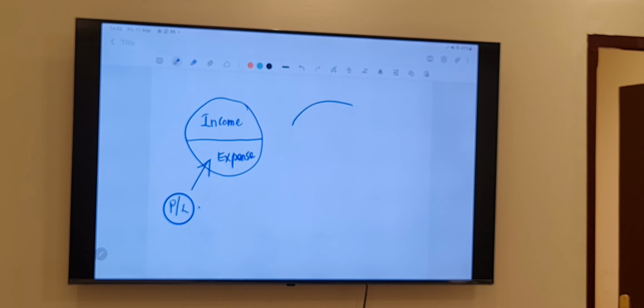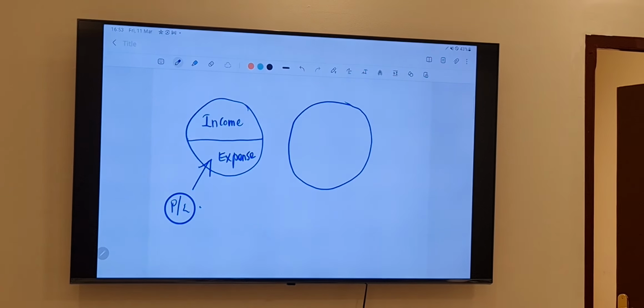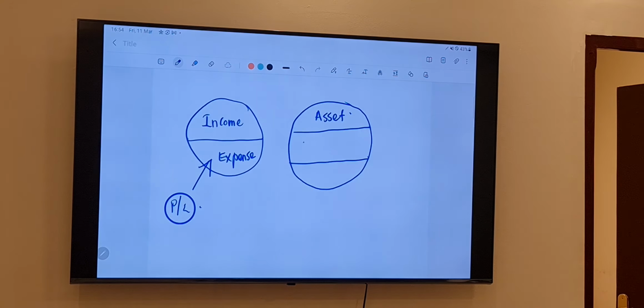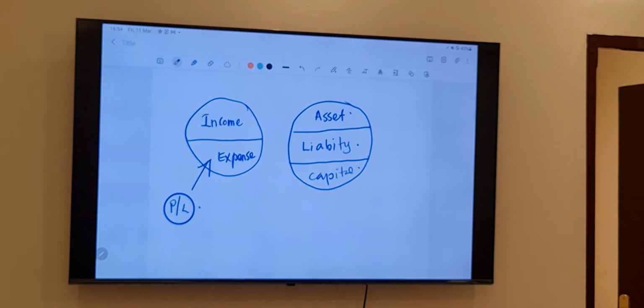Then we have the balance sheet. The balance sheet has 3 elements. One is asset, the other one is liability, and the third one, what do you think? Equity, or capital. So a financial statement has 5 components and 5 elements.